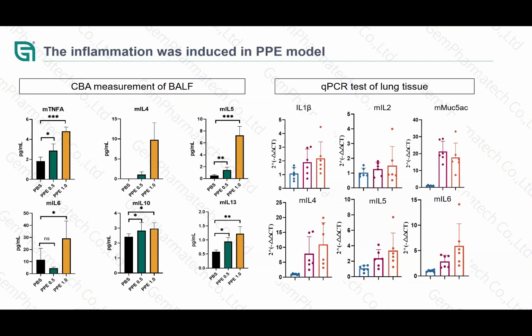And interestingly, we also validated some findings from the published articles. That is, the PPE-induced COPD-like model is overall biased toward TH2 type inflammation. From the expression of inflammatory factors in both ELISA and qPCR results of related genes in the lung tissue, we can see that TH2 inflammatory factors in the lung increase significantly after the PPE induction.